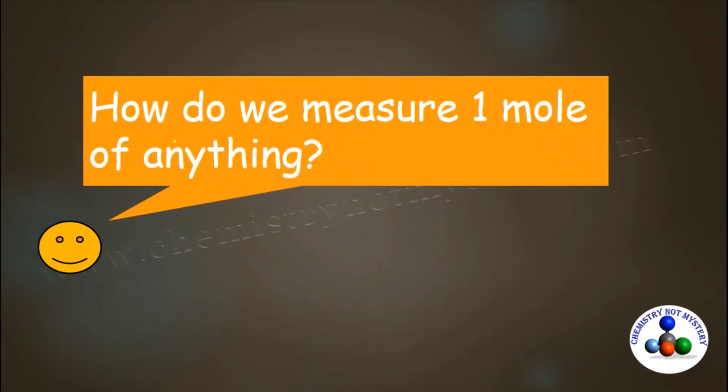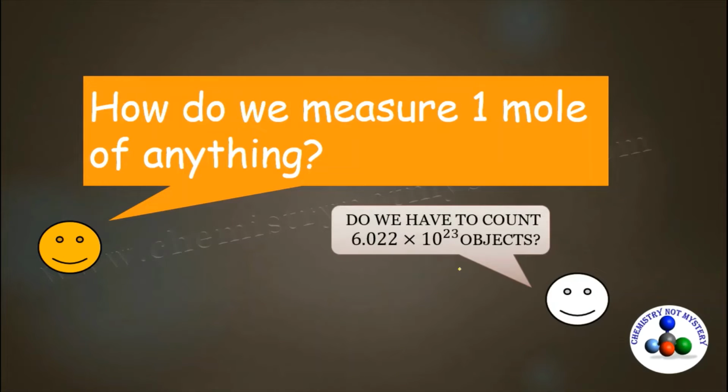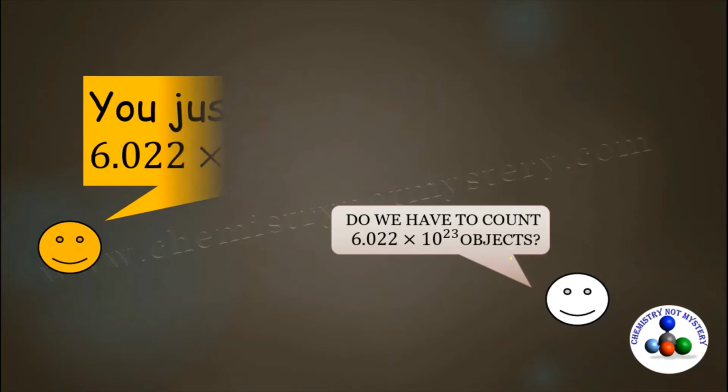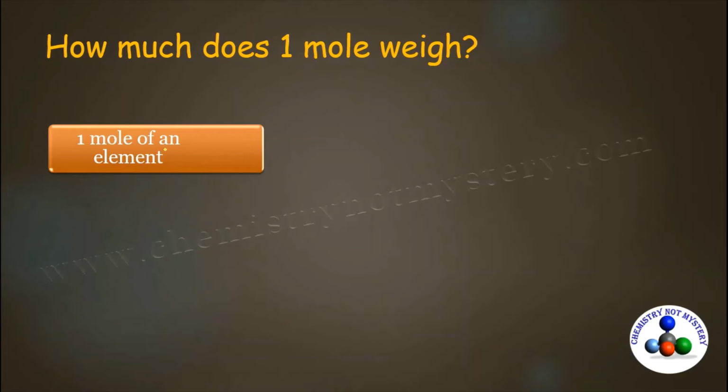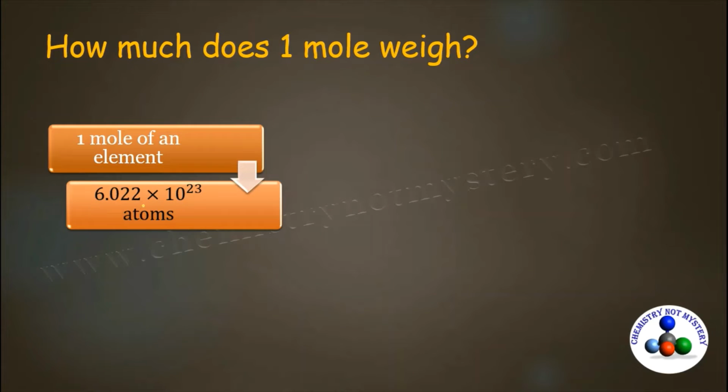So how do we measure 1 mole of anything? Do we have to count such a big number? No, you just have to weigh 6.022 × 10^23 objects. For example, if I want to weigh 1 mole of an element, 1 mole will contain 6.022 × 10^23 atoms of that element.